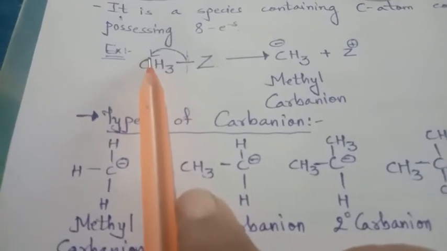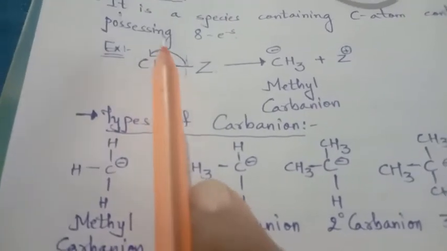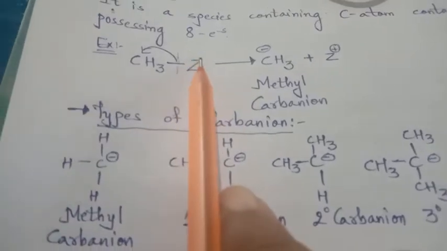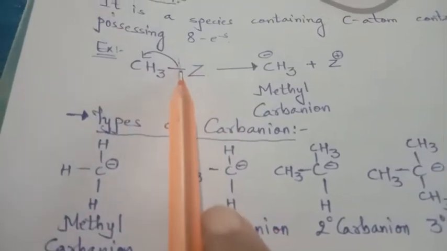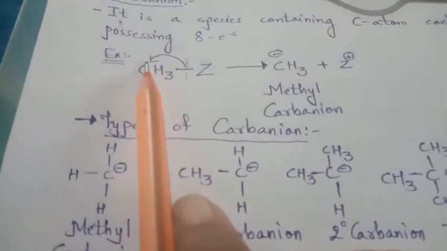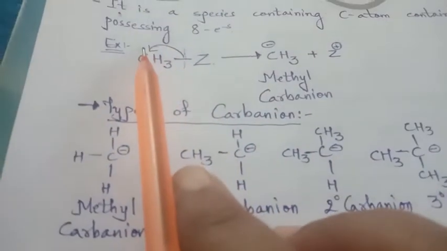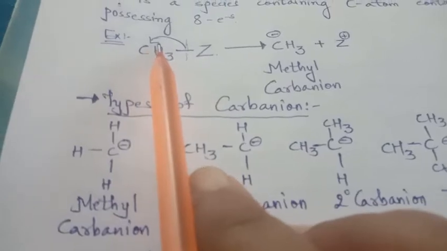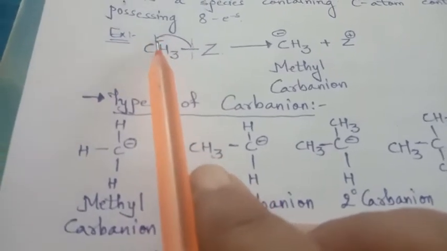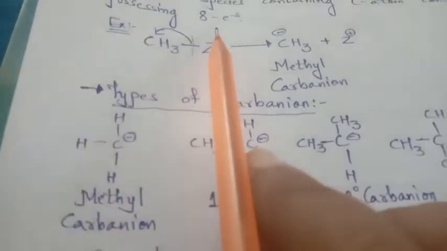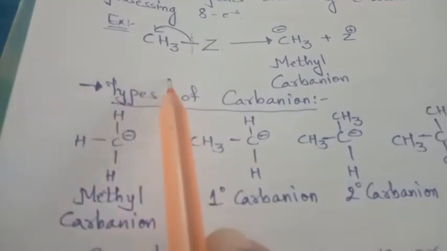So the electrons will move towards carbon, giving it a negative charge, and the other species will carry a positive charge because the whole pair is donated here. That means the electrons are donated by the reagent to this carbon. So carbon will now have 2 electrons as a pair, and the other part will not have any, so it will have a positive charge.